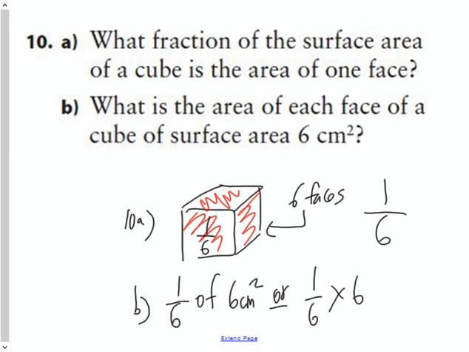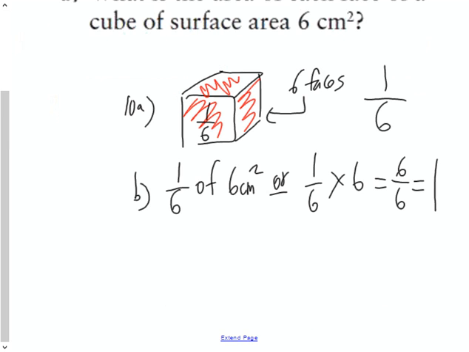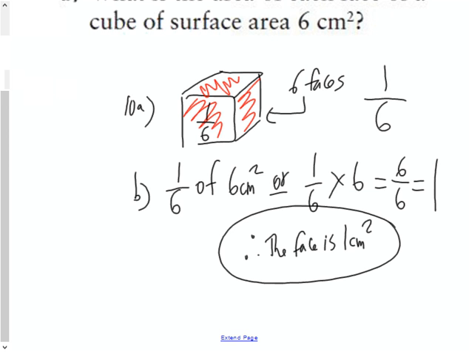And I think if you can visualize 1/6, and then you have 6 of those pictures, you would have 6/6 or 1. So therefore, the face is 1 centimeter squared. 1/6 of 6 would therefore be 1.